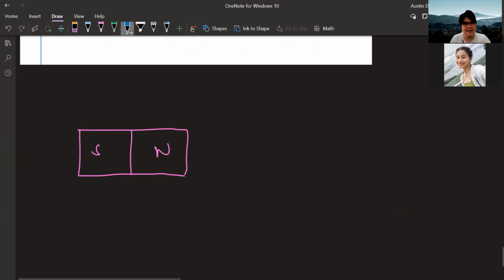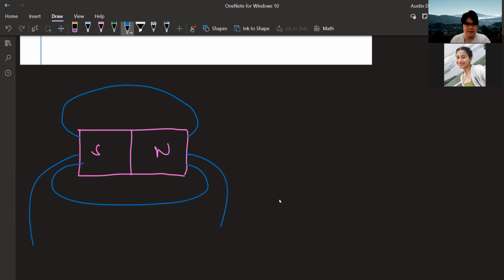And then the field of this magnet looks like this. Okay. Hindi ko nabubuuin, pero mag-loop yan towards the back. Okay? So it looks like this.